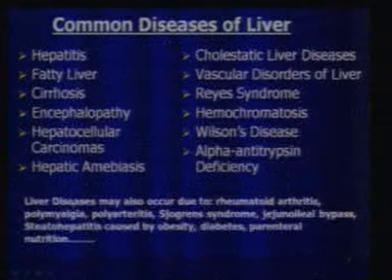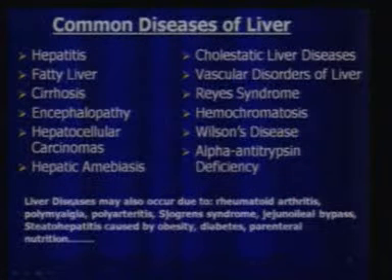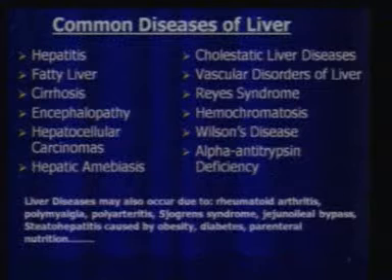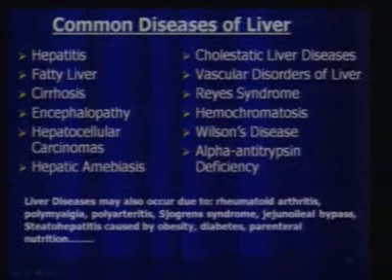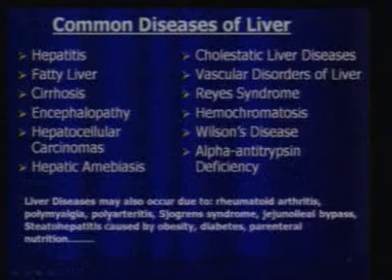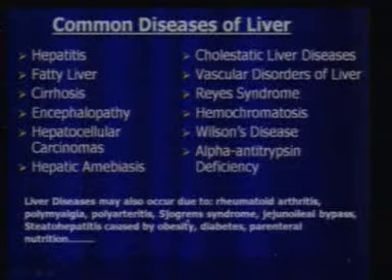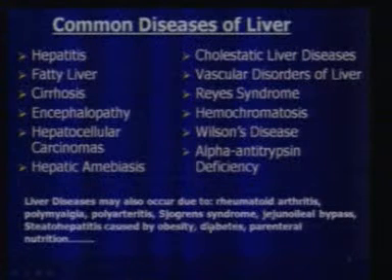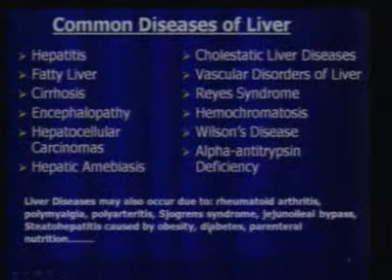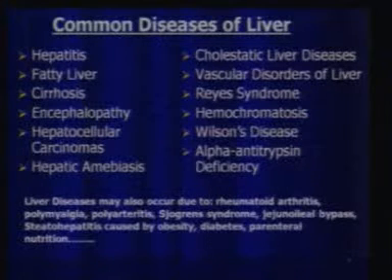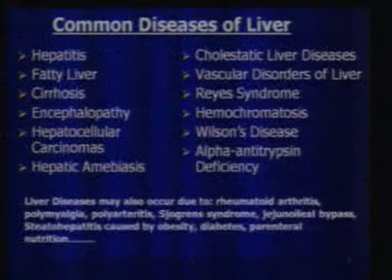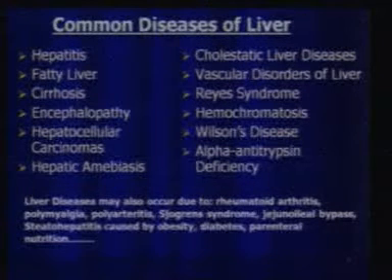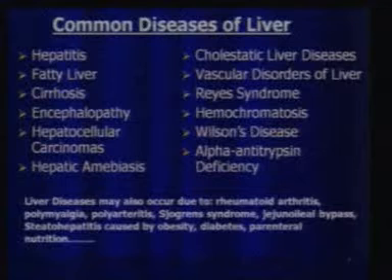Then liver diseases may not always be alone. They may occur because of a complication to certain other disorders occurring in our body, such as rheumatoid arthritis, polymegalia, polyarteritis, Down syndrome, jejunal bypass, steatohepatitis, which is often caused by common diseases or disorders of the human body, such as obesity, diabetes, or when the patient is put on long-term parenteral nutrition.